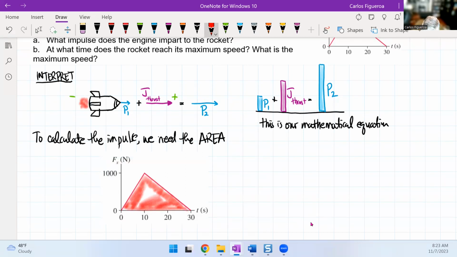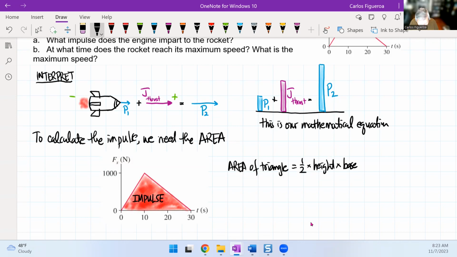Because this is a triangle, we know exactly how to calculate this area. If I look at the area of a triangle, I know it has to be 1/2 times the height times the base.